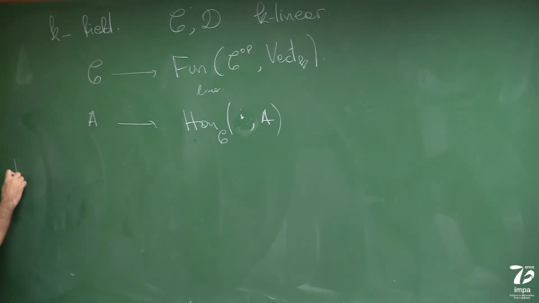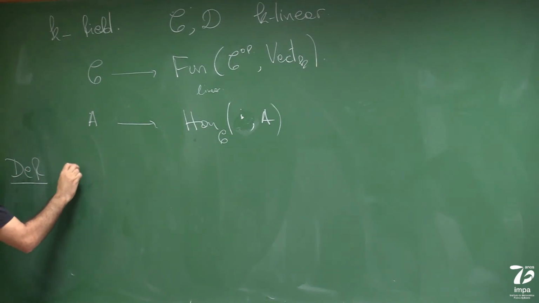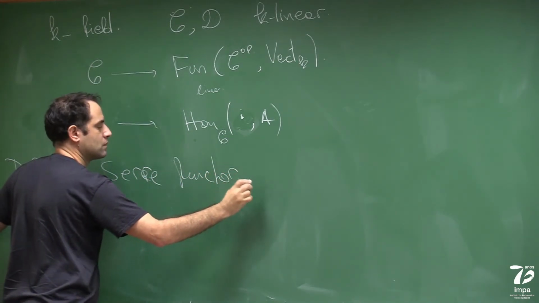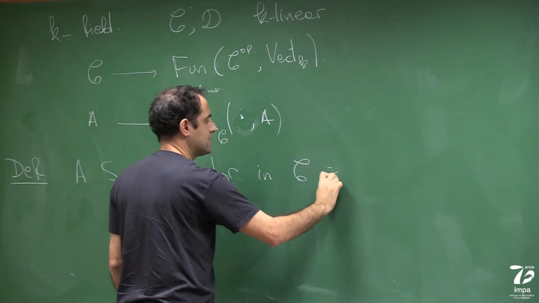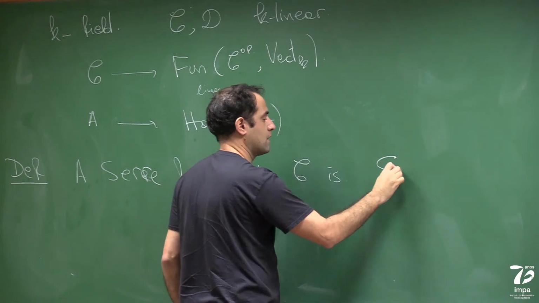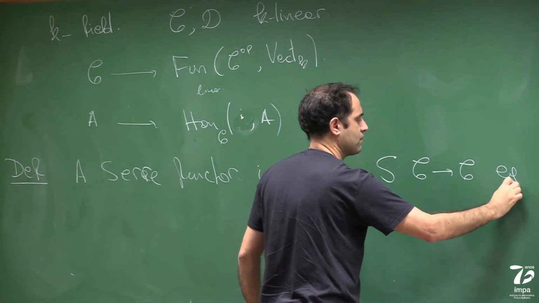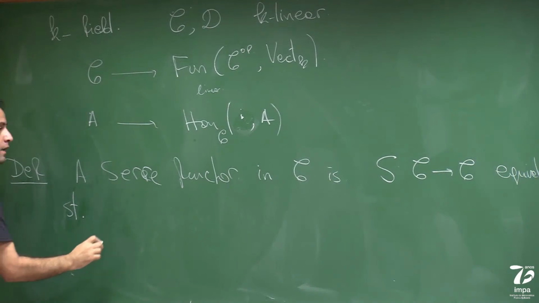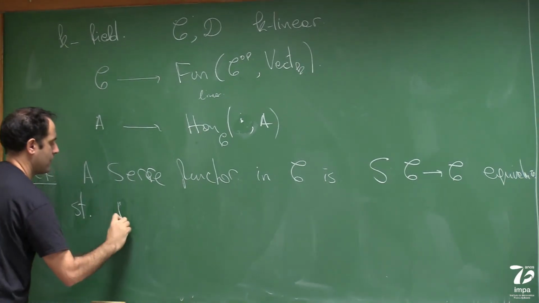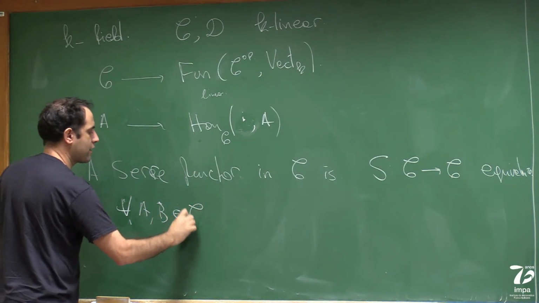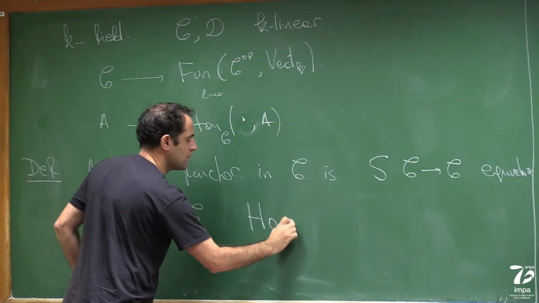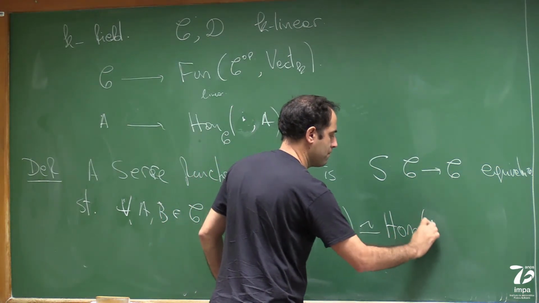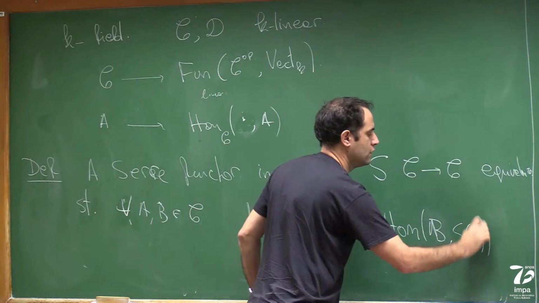And I would say that by definition, a Serre functor in a category C is a K-linear equivalence S from C to C, such that for every A and B objects of your category C, you have natural isomorphisms between hom(A,B) and hom(B, S(A)) dual.